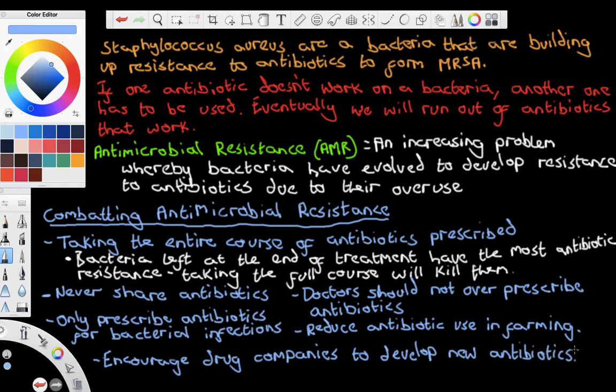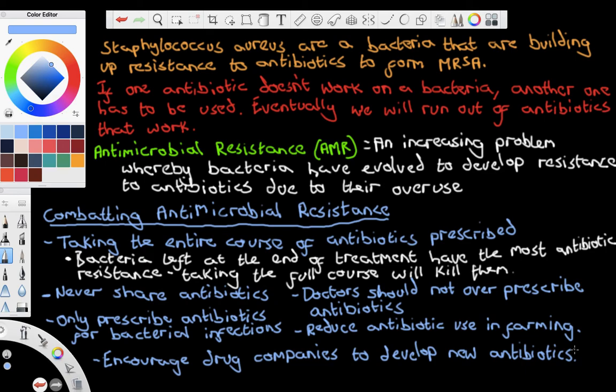Right then. So MRSA is an antibiotic-resistant form of Staphylococcus aureus. Usually, if one antibiotic stops working on bacteria, we start using different ones, and eventually we will run out of antibiotics that we can use. Antimicrobial resistance, or AMR, is an increasing problem whereby bacteria have evolved to develop resistance to antibiotics due to their overuse.